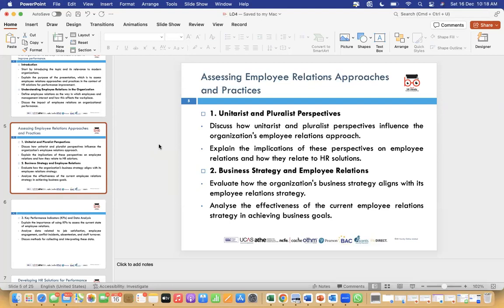Whereas a pluralist perspective is basically how different parties have different goals in the organization. You might be looking at your personal development and growth, I might be looking at the organization's overall growth, or I might be looking at how to save the organization from going into court by managing ER cases well.